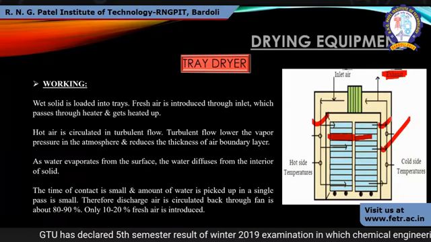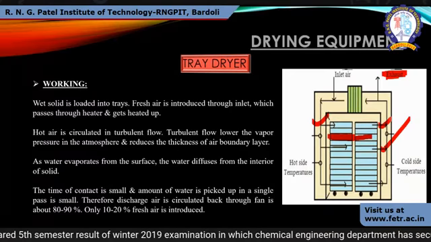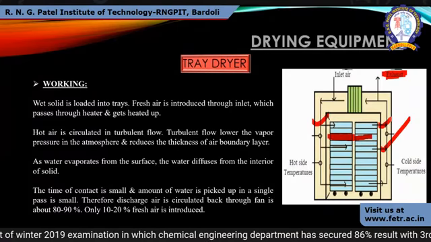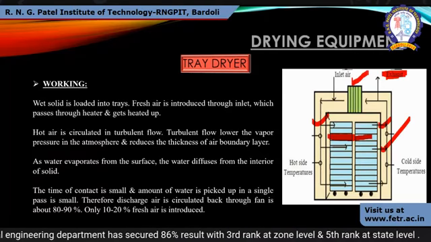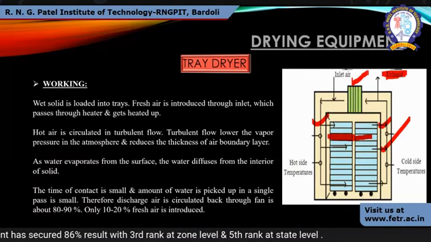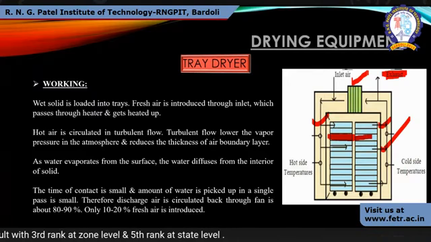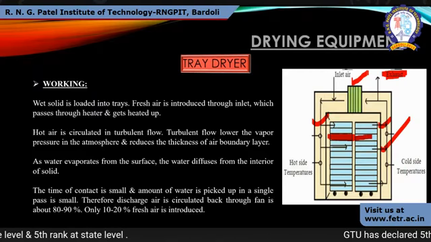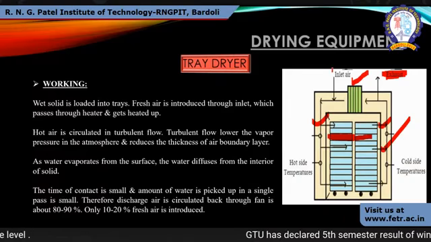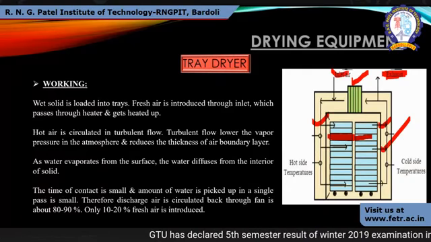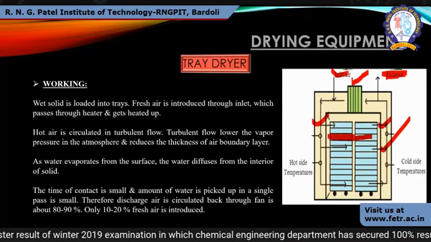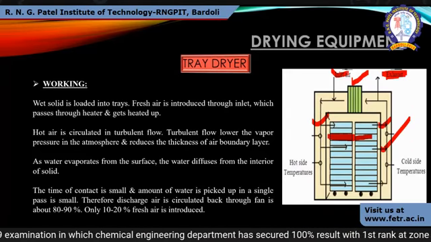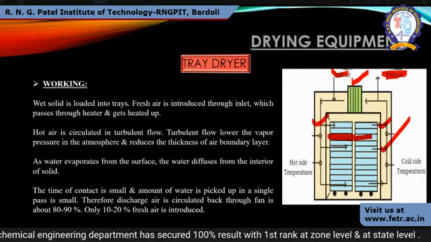The air is not only single pass; we recirculate it with the help of a fan mounted on the top. About 80 to 90% of the air is recirculated, and 10 to 20% fresh air is introduced each time, right? So air is continuously circulated inside the dryer, and we keep it for 3 or 4 hours of drying.